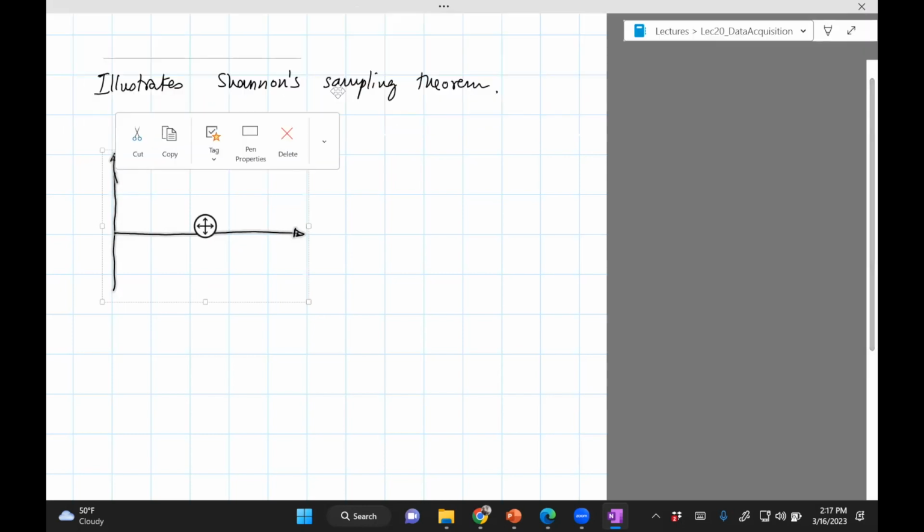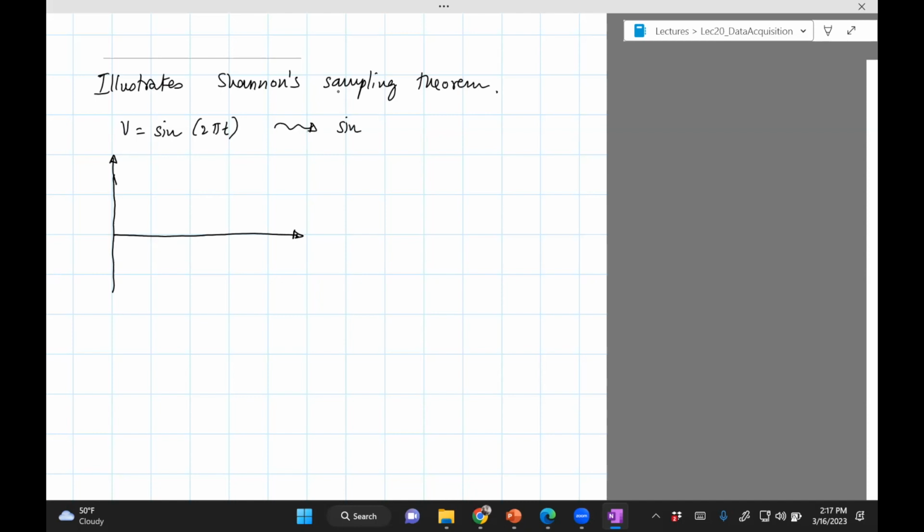So let's choose B equals sine 2 pi t. Here, this is similar to sine omega t.